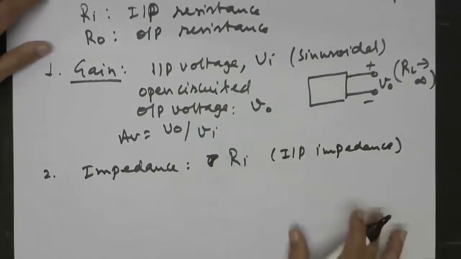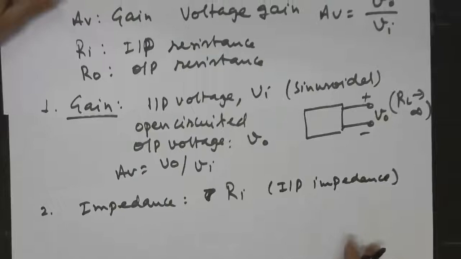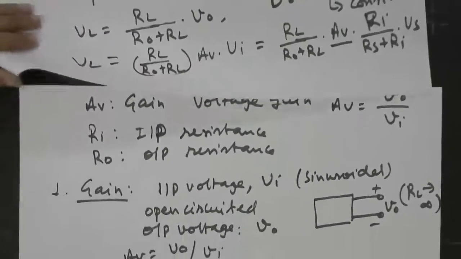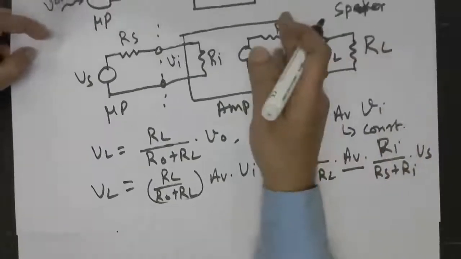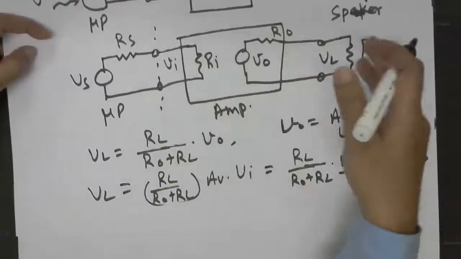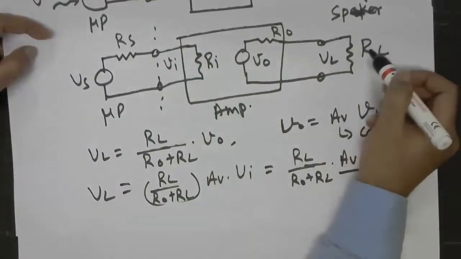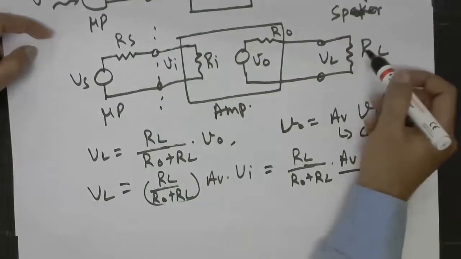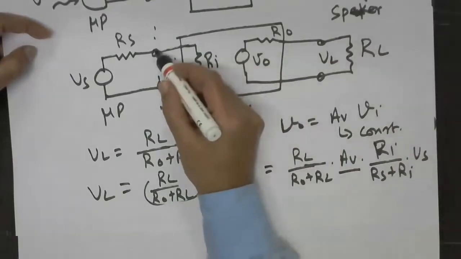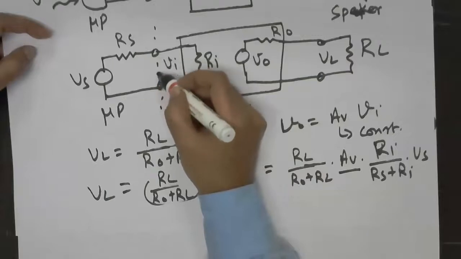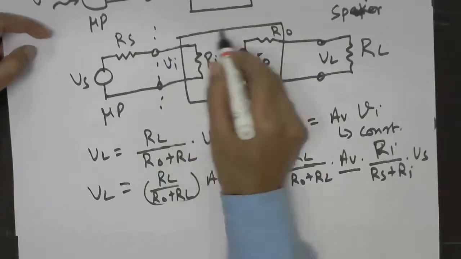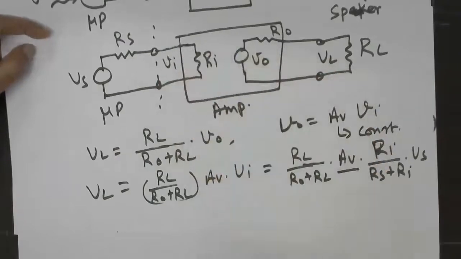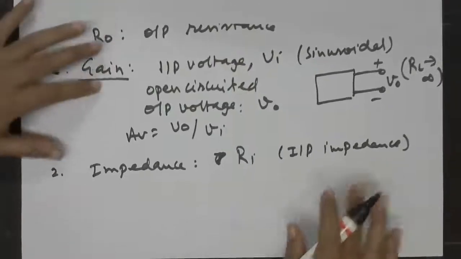To find out the input impedance, we remove this load so that its effect on the circuit can be eliminated. That means we keep the output port open, and then we apply a certain voltage here at the input, and just measure how much current it is driving into the circuit, and the ratio of those two is going to be the input impedance.